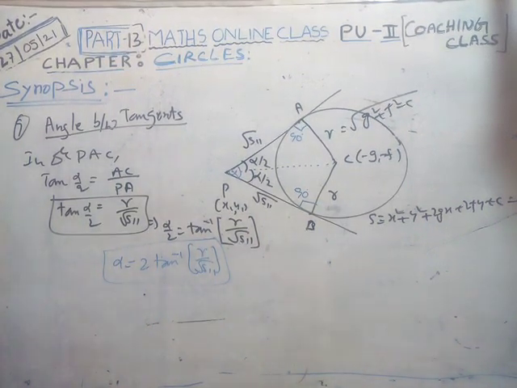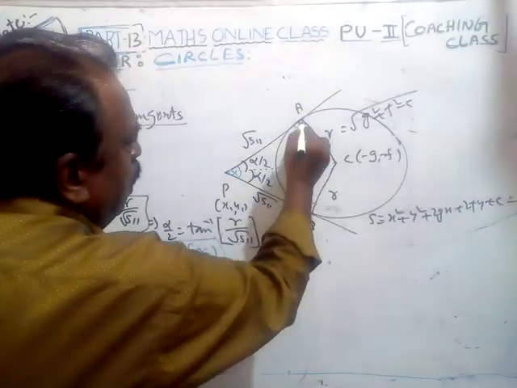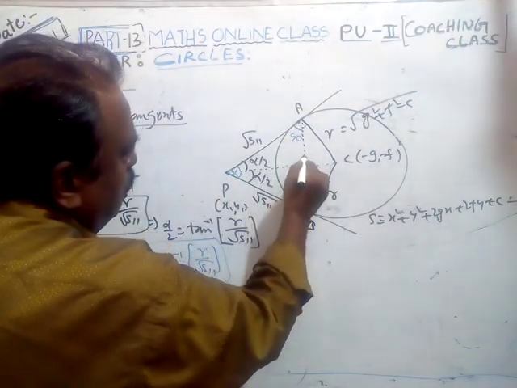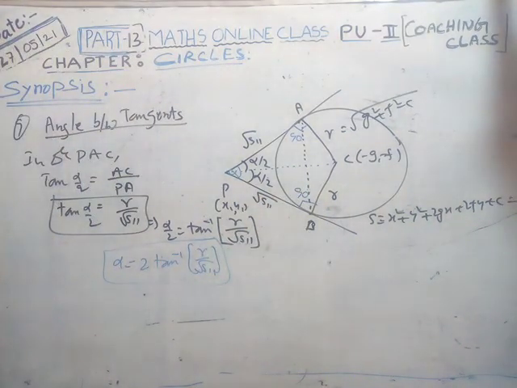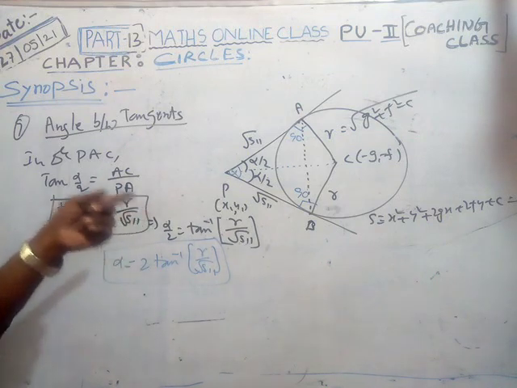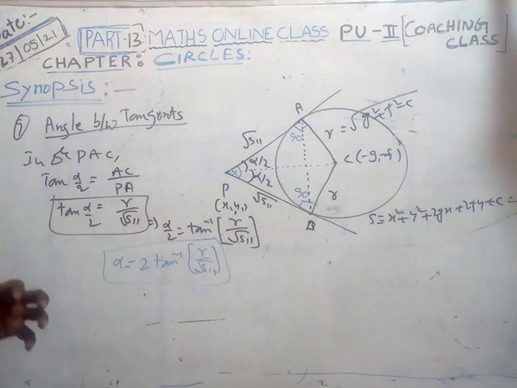Now, see, suppose we join AB. AB is joined. Then, can you find the area of triangle APB, where P is a given point which is external to the circle, and A and B are the points of contact of the tangents?